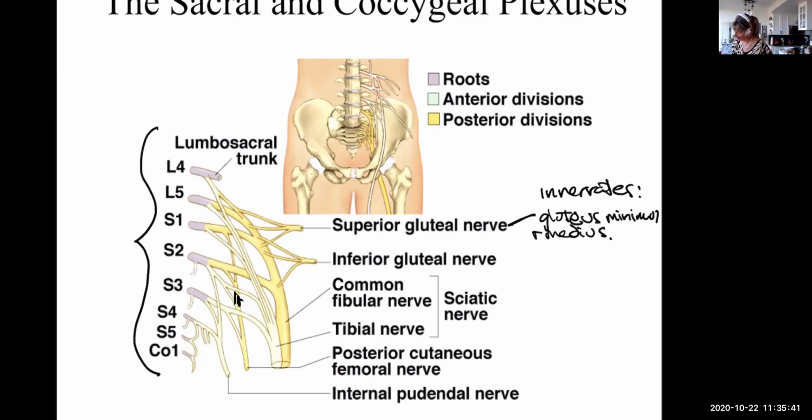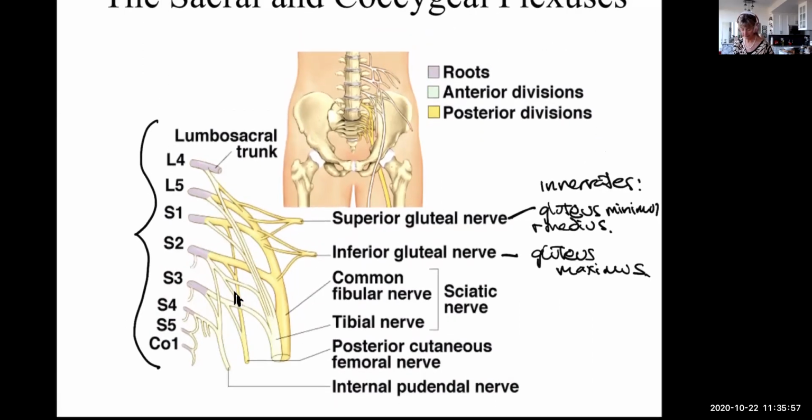The inferior gluteal nerve is a motor nerve and it innervates the gluteus maximus as an example.